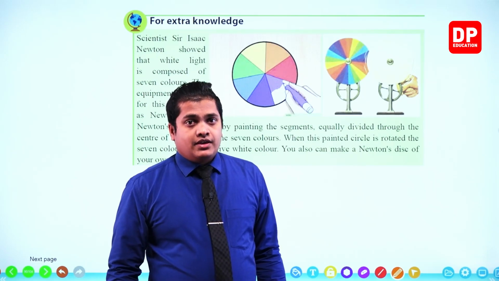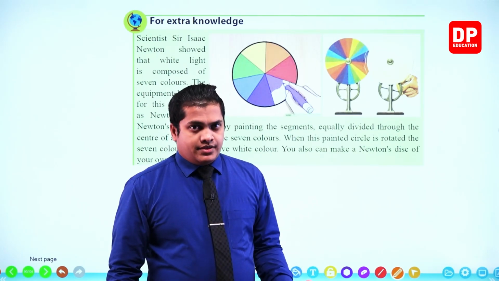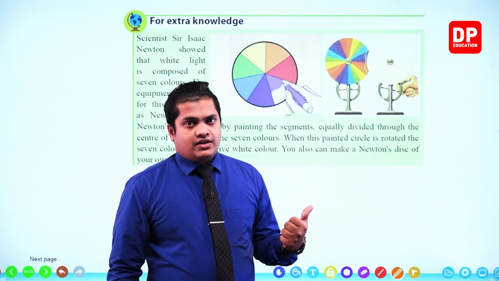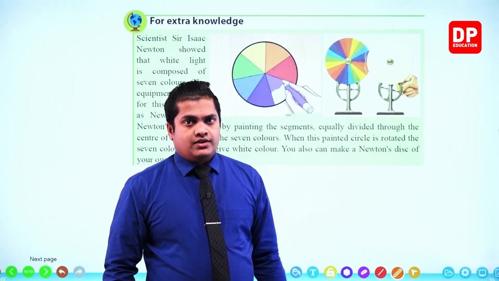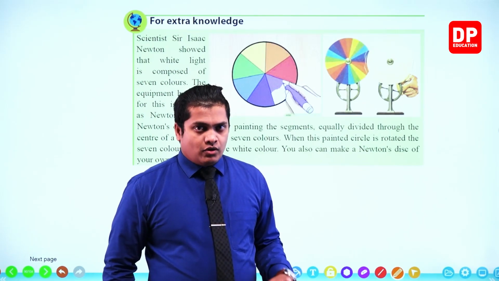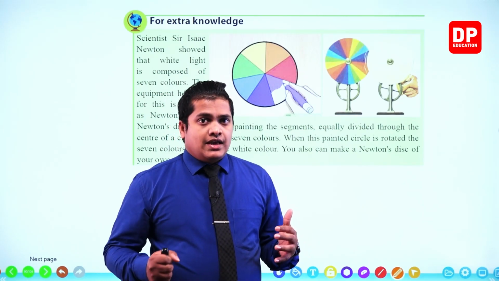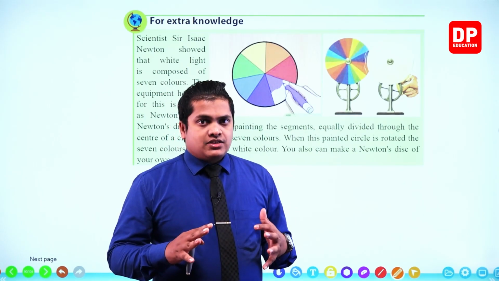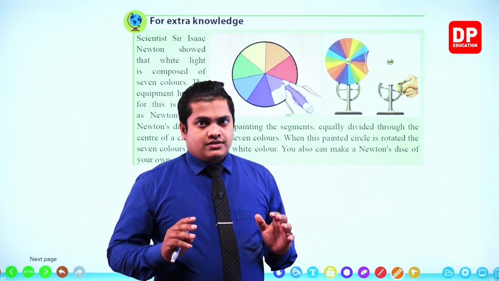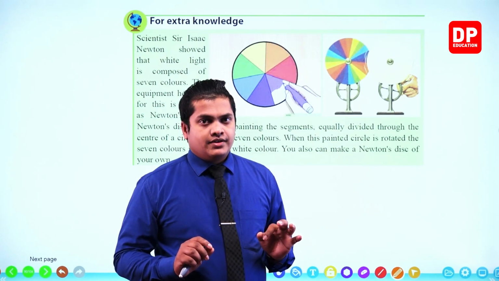By that way, he clearly showed that when rotating this quite fast, we can observe the white color. This white color is actually observed as an illusion, and actually it is composed of 7 different colors. That's the correct idea, right?